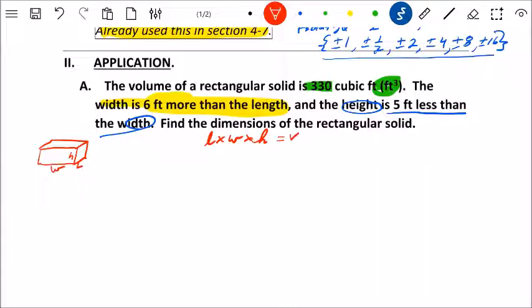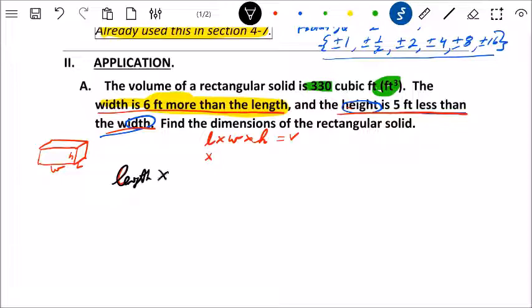So what we're going to do here is think about using this information. Width is 6 feet more than the length. Height is 5 feet less than the width. So looking at that, what we need here is that the length be, say, x. And then the width, in fact, let's do this out here. I'm going to use black now.